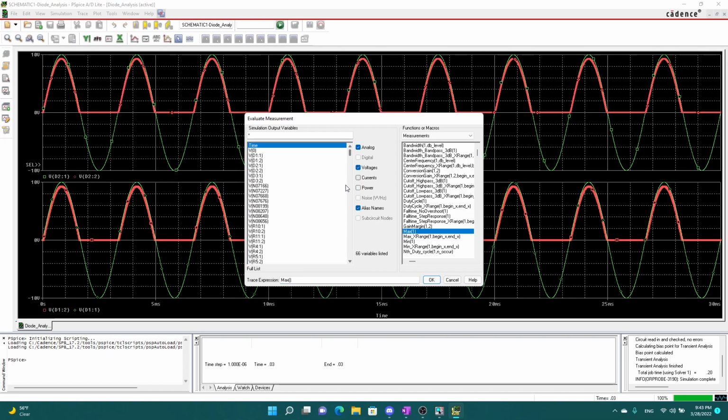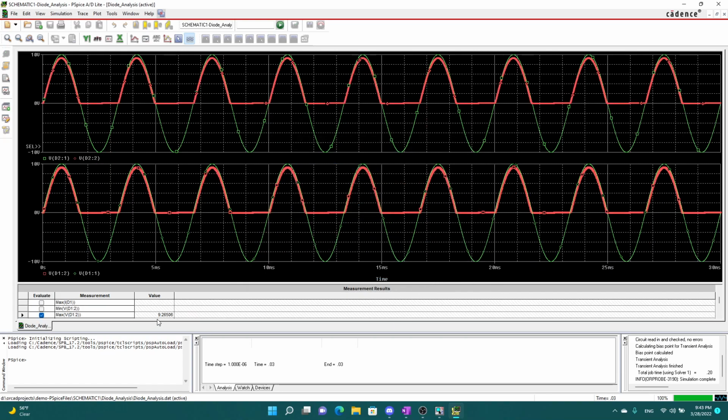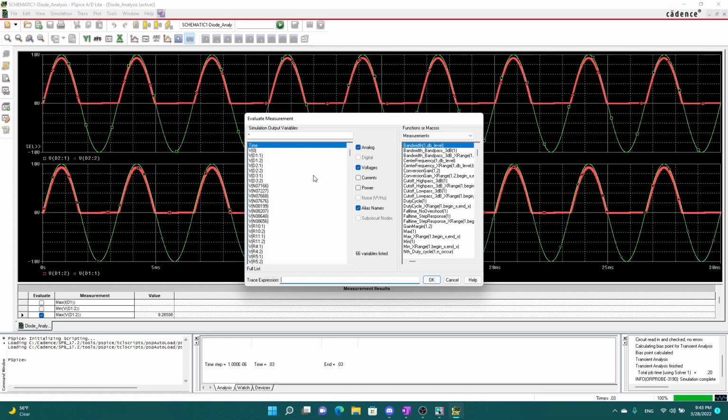In the parts and currents, we don't need that. So VD1 2, which is 9.26, and the same measurement for the second diode. So ED22.